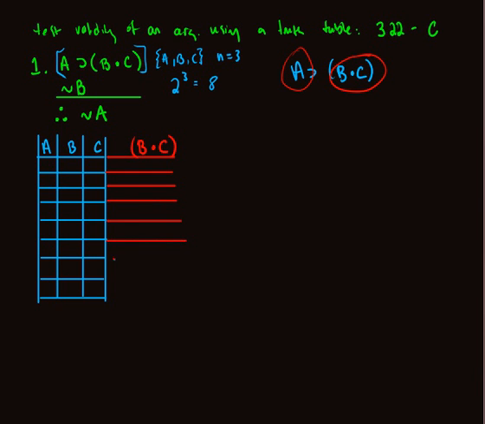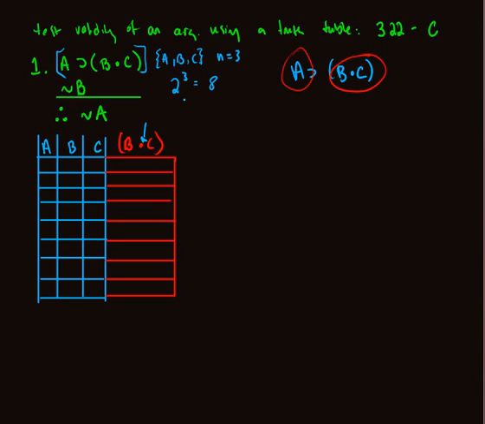So we got B and C. I'm just going to make sure I get all these in here so there's no confusion which row goes where. In fact, I'm just going to redraw this a little bit, with B and C.